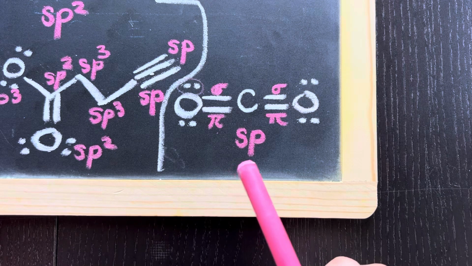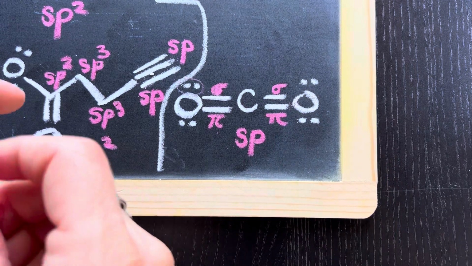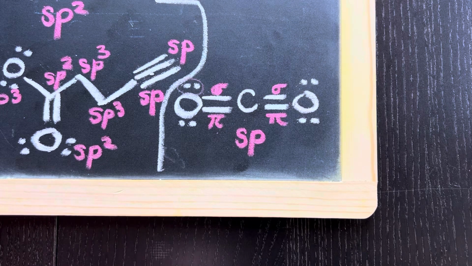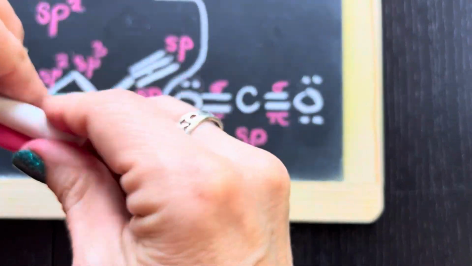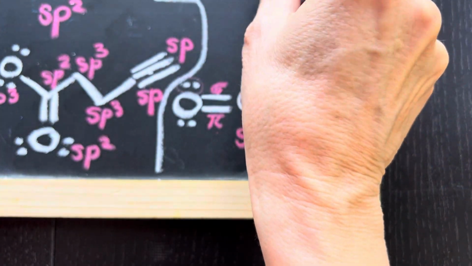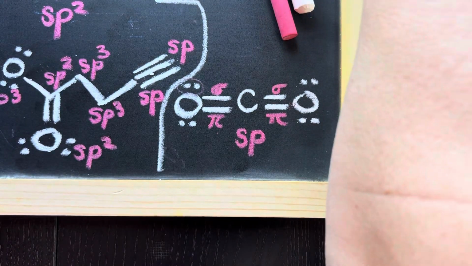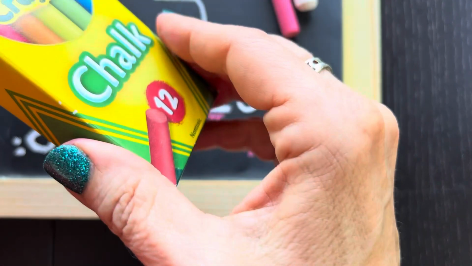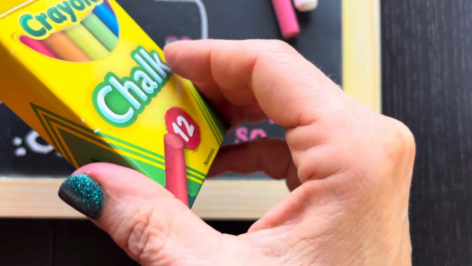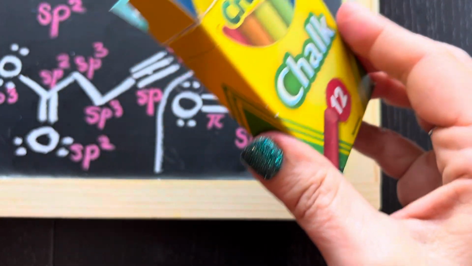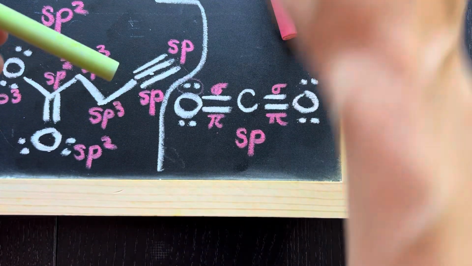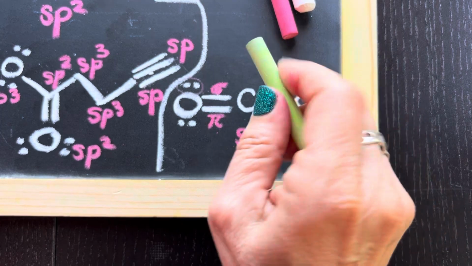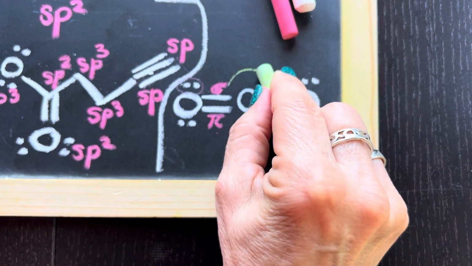Let's do one more thing, and that is look at these molecules and write down what the bond angles are. Okay, so put these down and let's choose another color. Go with green. Okay, this one we acknowledged was 180.